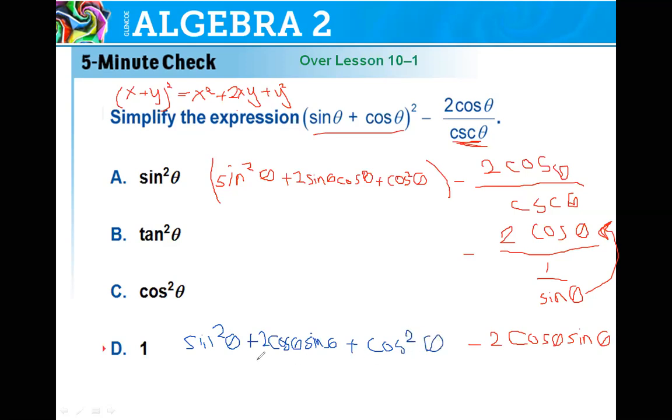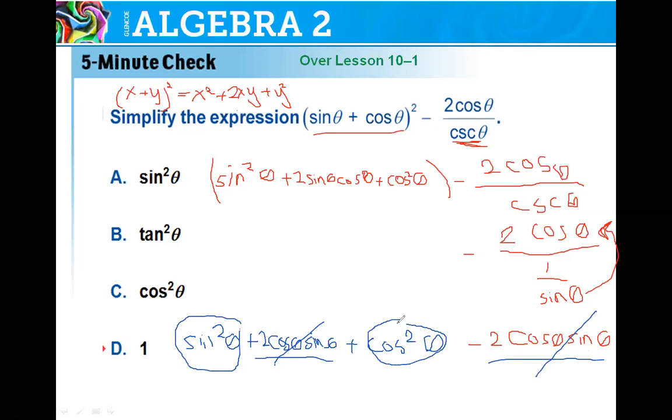Can you cancel? Yes, this and this. One of them is positive and the other is negative, and they are like terms, so I can cancel 2 cosine sine with negative 2 cosine sine. So the remainder will be sine power 2 plus cosine power 2.